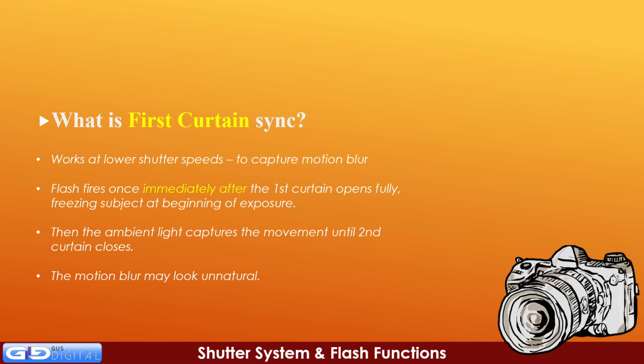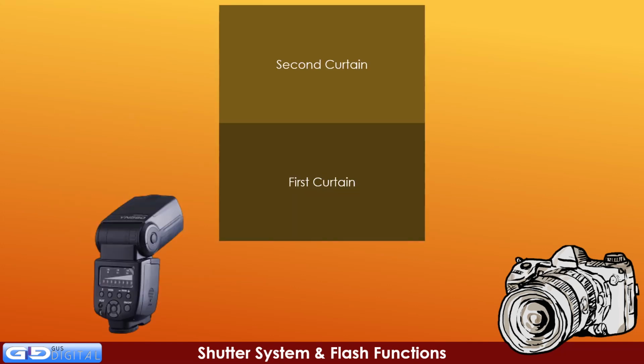This freezes the moving subject at the start of the exposure. Then the ambient light exposes the movement of the subject until the second curtain closes. This illustration will make it clear.